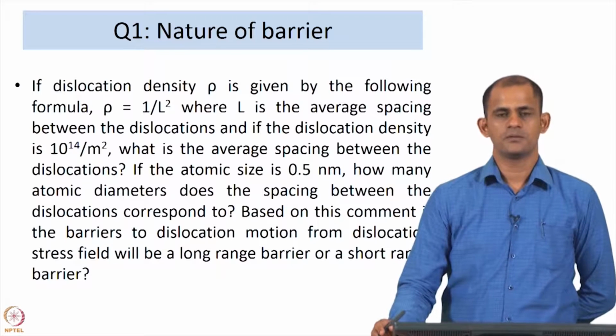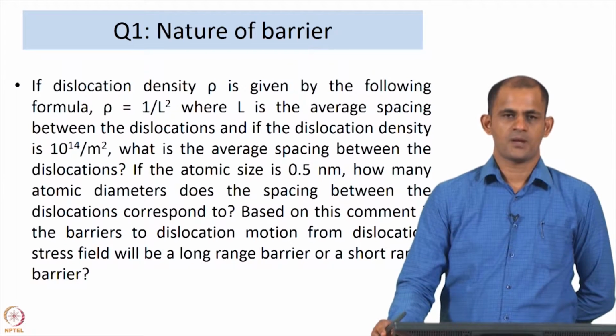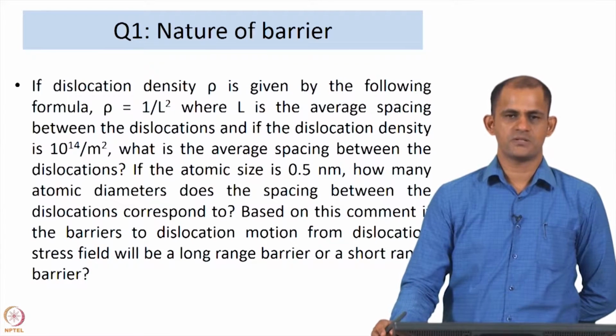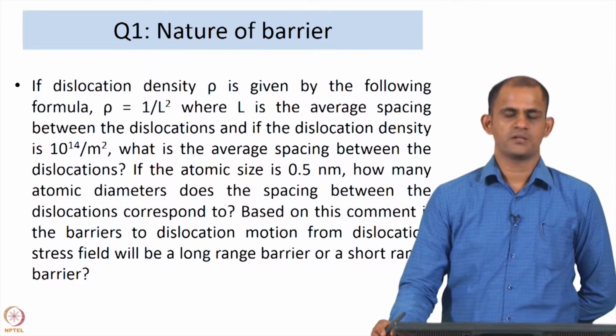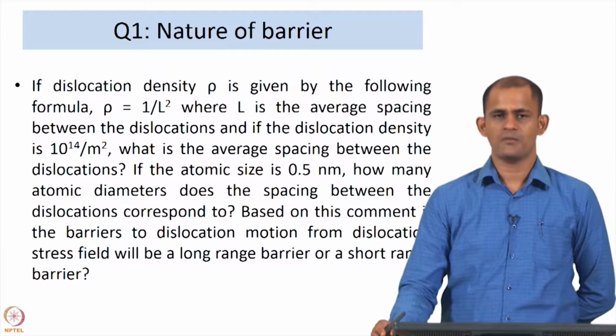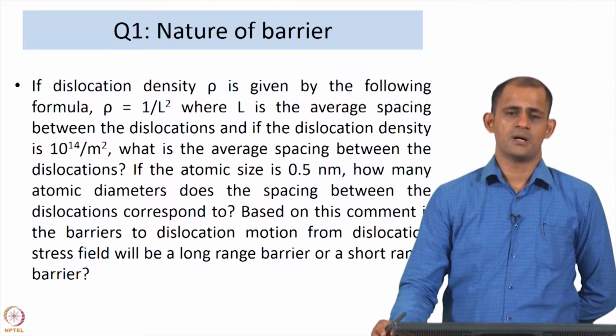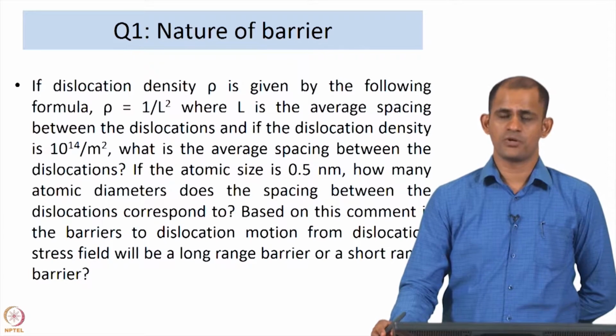If you recall, long range barriers are those which cannot be overcome by thermal fluctuations, whereas short range barriers are those which can be overcome by thermal fluctuations. We also talked about long range barriers being of the order of hundreds of atomic diameters.